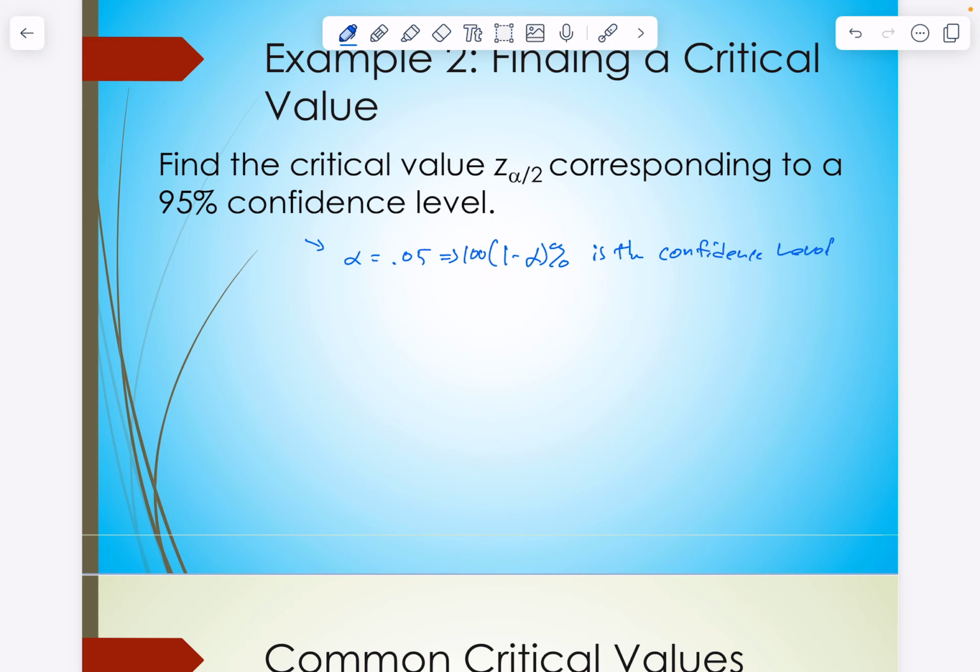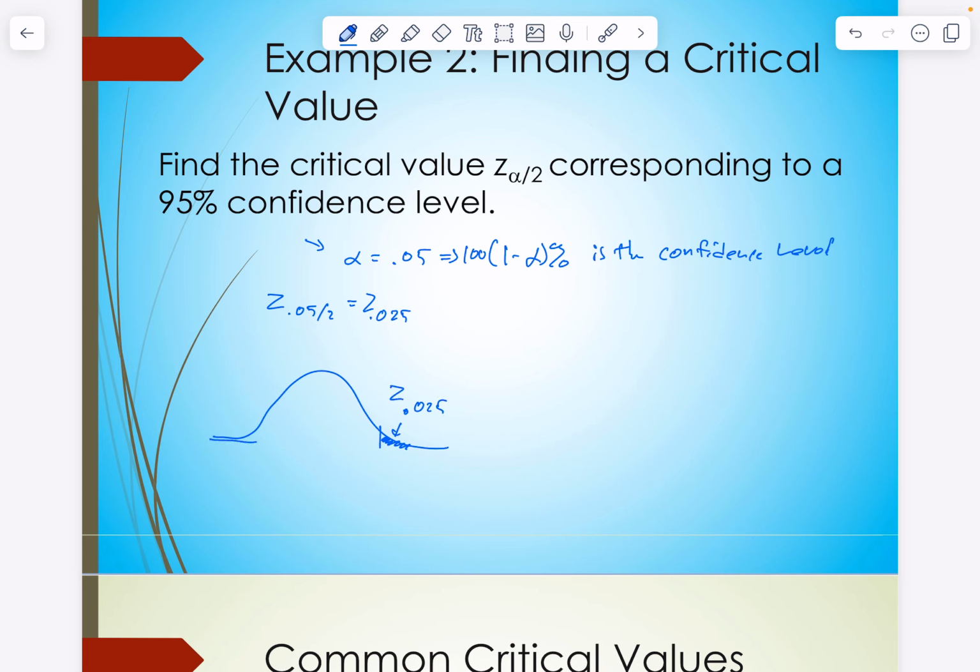So that's alpha. So what I'm looking for now is z of 0.05 over 2. That is, I'm looking for the z value that has an area to the right of 0.025.